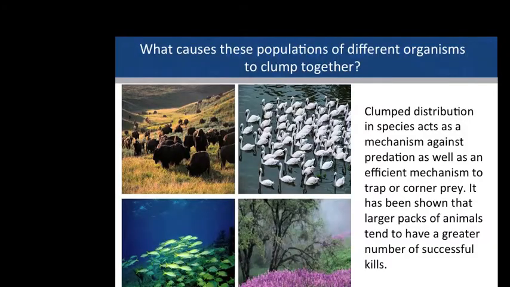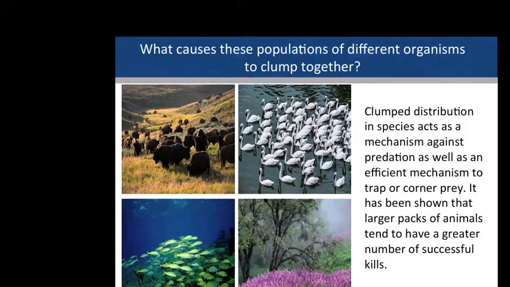What I would ask my students here is to give me some examples of specific clumping distributions that they've seen. Here I have some cattle, some geese. I'm also showing a flock of fish that stay together, as well as some plants that stay together in nature.